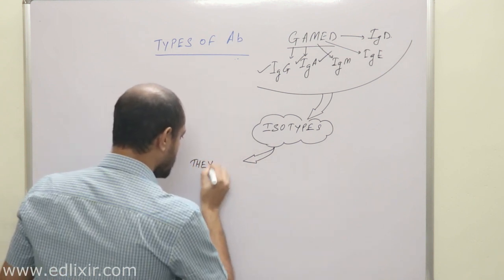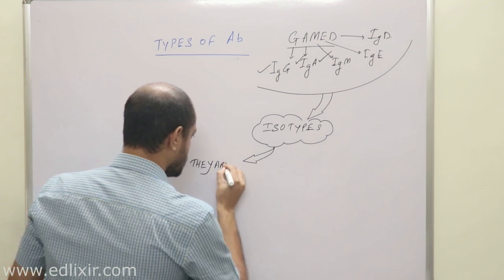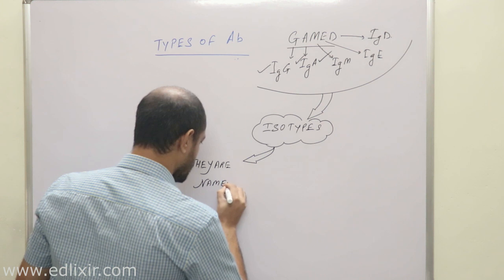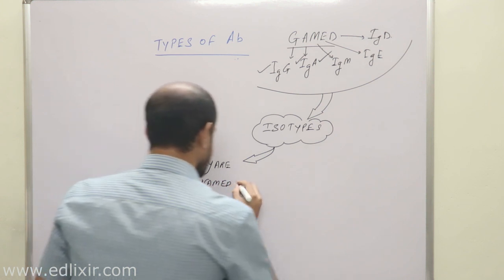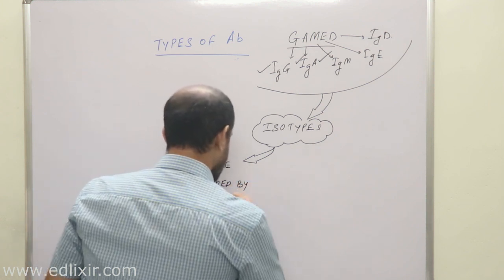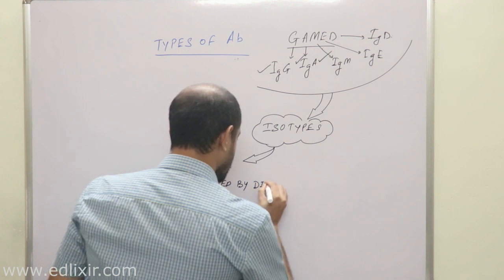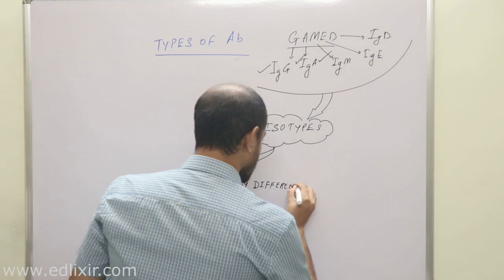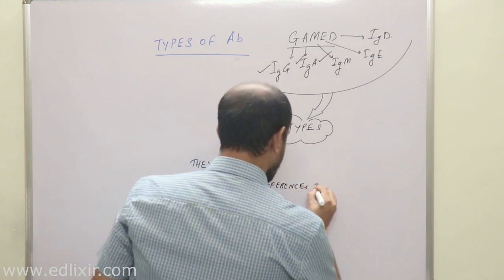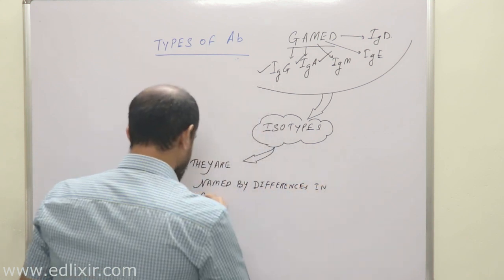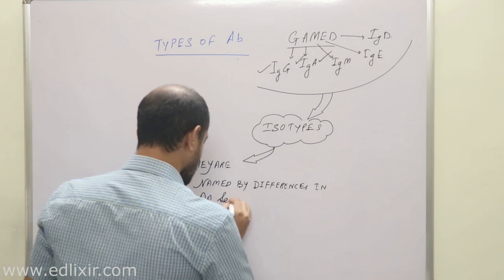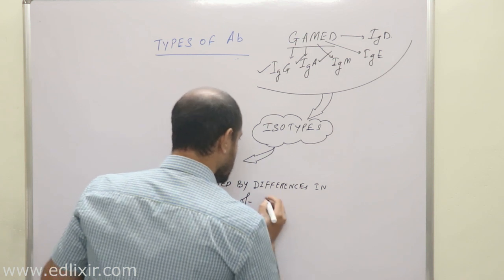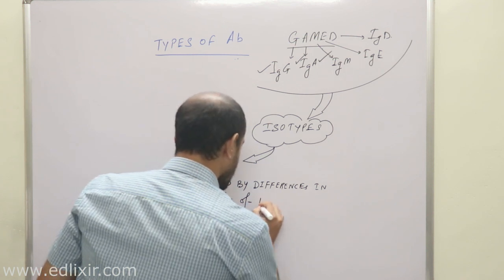Clear? That means isotypes are named by differences in the amino acid sequence of the heavy chain.